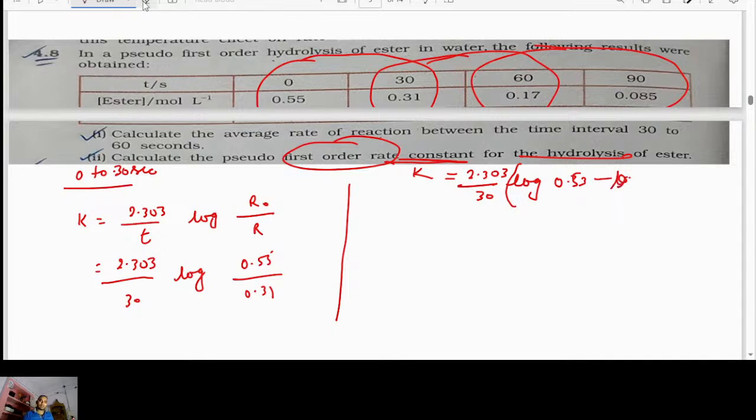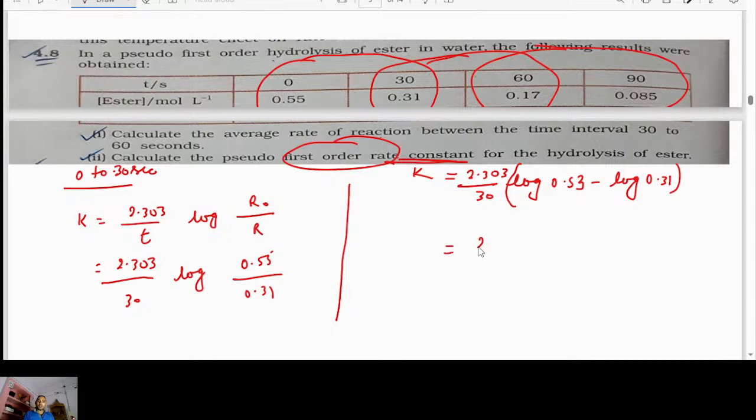Let me erase this one so that you may not get a little bit confused here. So here is log 0.53 minus log 0.31. This is there, right? Students, what we have to do, log 0.53, we have to find out the value.